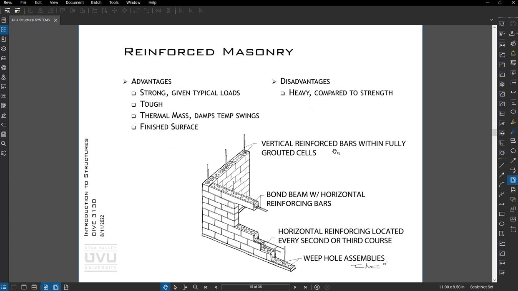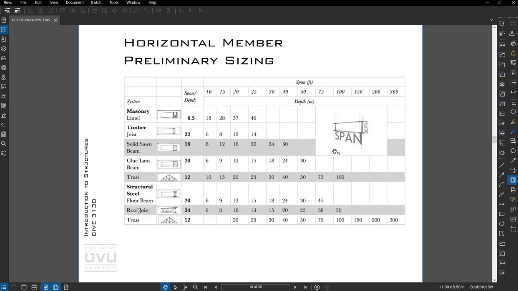Masonry tends to be really effective from a cost point of view, durability for most types of structures, and fairly easy to build. Preliminary sizing guide for masonry. So lintel, if you have a 25-foot span, maybe start around a 6-inch deep masonry lintel and maybe round that up to an even 8 inches.